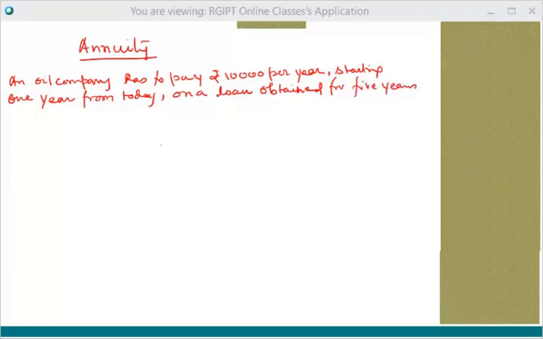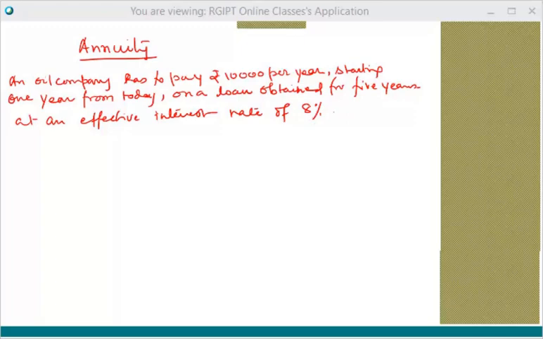So the loan was taken for 5 years, and it has to pay 10,000 rupees at an effective interest rate of 8%.